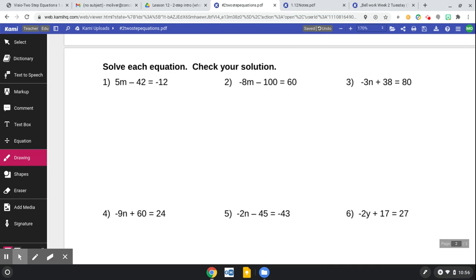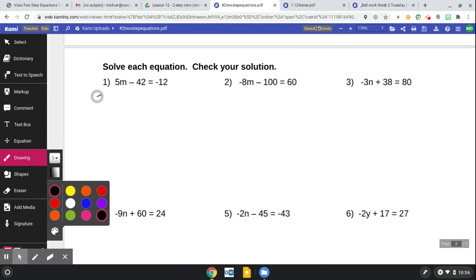All right, so I have 5m minus 42. I want to get rid of that 42. What's the opposite of minus for subtraction? Using higher grade addition. So I'm adding 42 to both sides.